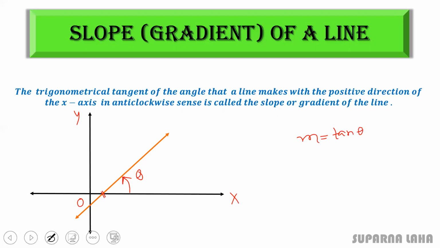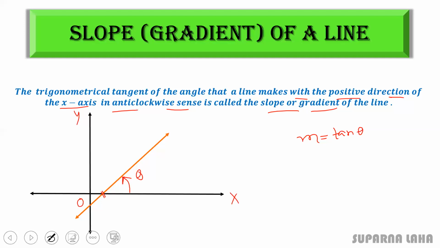Here the definition is also written, that is the tangent of the angle that a line makes with the positive direction of the x-axis in anti-clockwise sense. Positive direction means anti-clockwise sense, and this is called the slope or the gradient of the line.